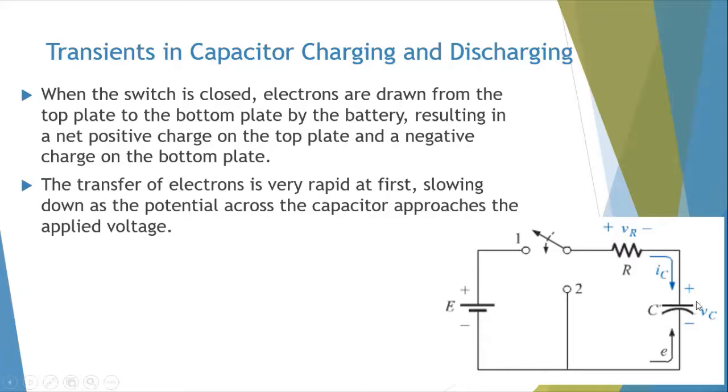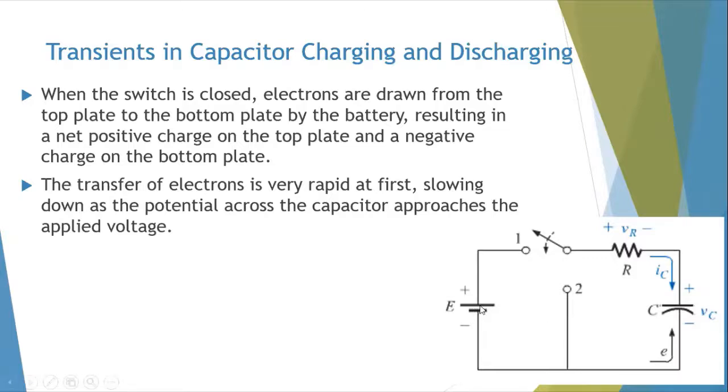Then the capacitor starts charging, it becomes 1 volt, 2 volts, 3 volts. As it increases in potential, the potential difference between your battery and the capacitor plate starts falling. For example, if that's 10 here and this is 1, the potential difference becomes 9. Then when this one becomes 2, it becomes 8, and so on. So as the potential difference reduces, your current will of course reduce in proportion, because it's the potential difference which is creating the current.